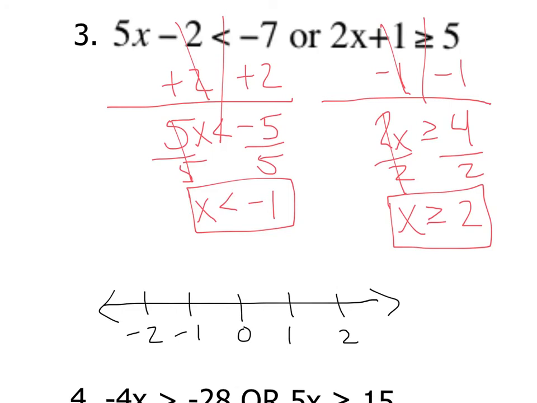Closed or open? And number 3. Open, you have open at negative 1. You have an open or closed at 2. Connected or disconnected? They're disconnected. Because the inequalities are separate from each other, that's a hint that they are disconnected. You can always check. You have less than negative 1. Yep, that's left. Greater than 2. Yep, that's right.